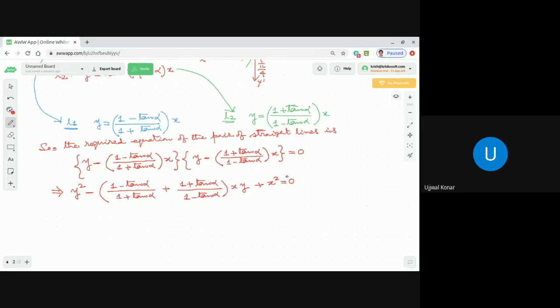So x square plus y square we get. So then what are we getting eventually?